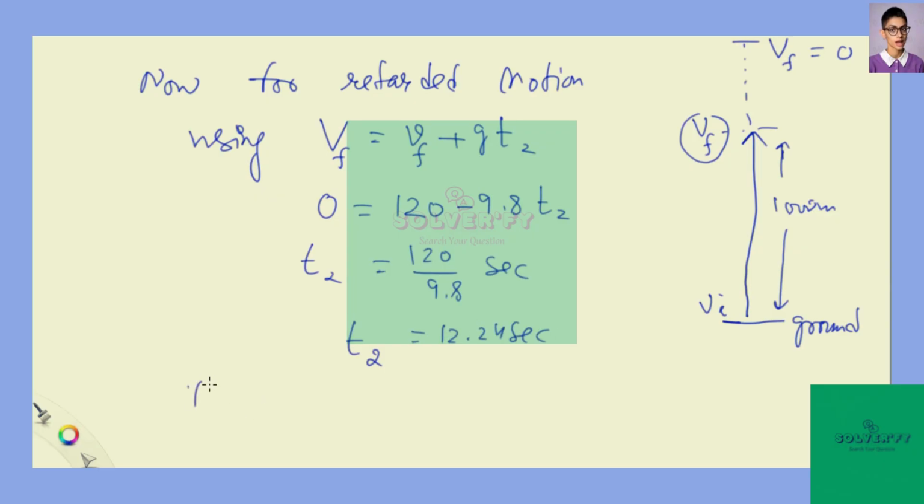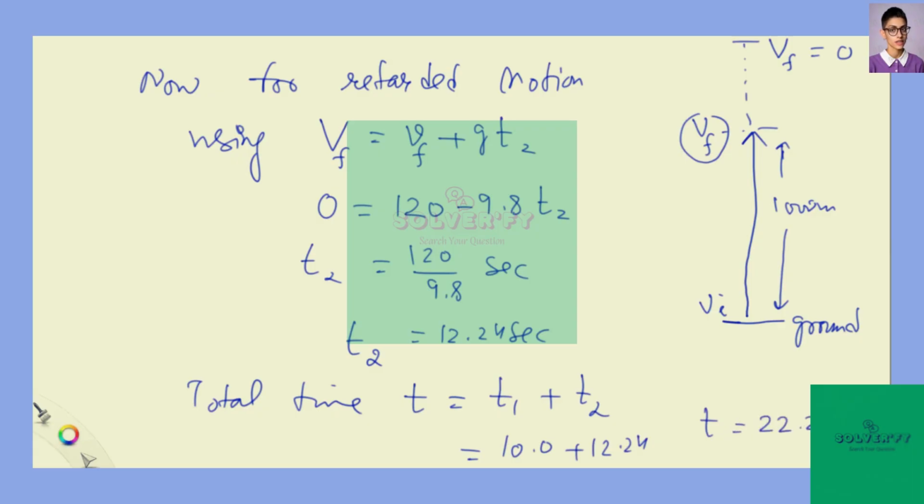So the total time taken by the rocket in the upward journey will be given by T = T1 + T2, that means 10.0 plus 12.24, which comes out to be 22.24 seconds, and it becomes the answer for the first part of the problem.